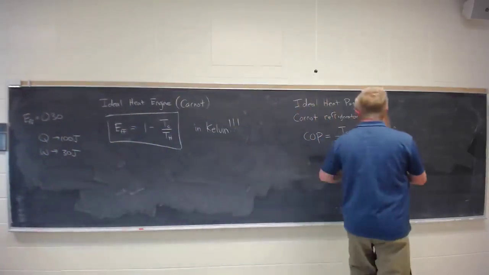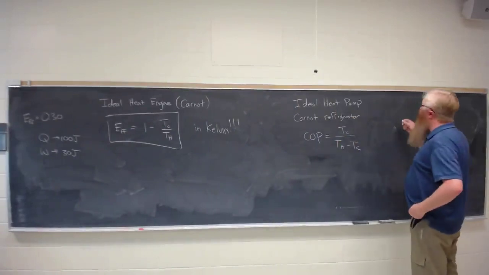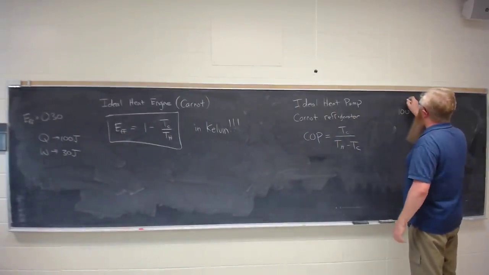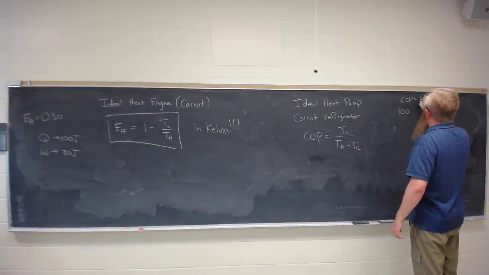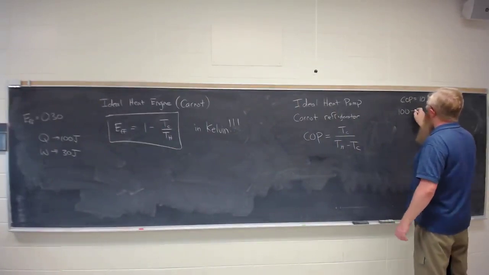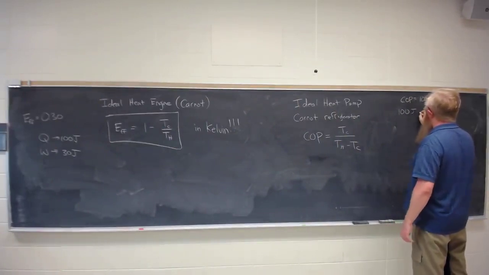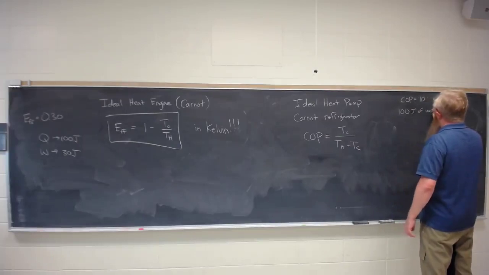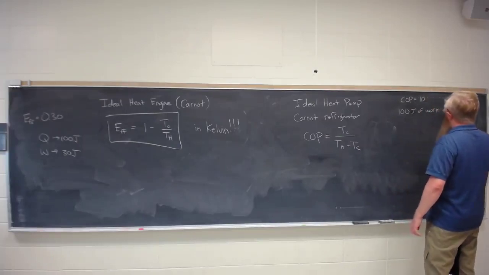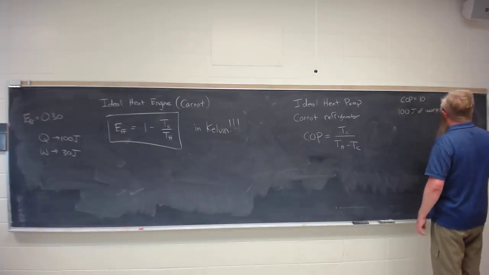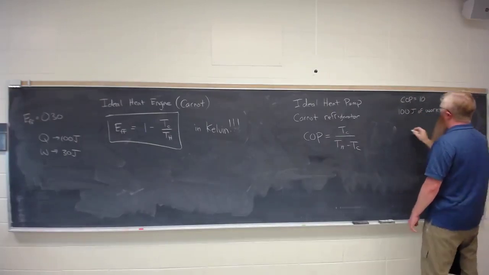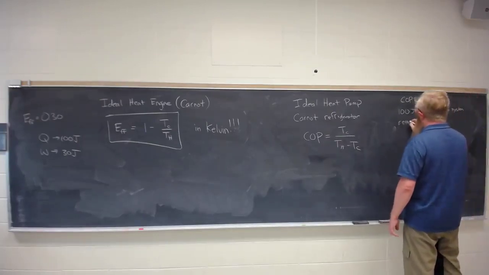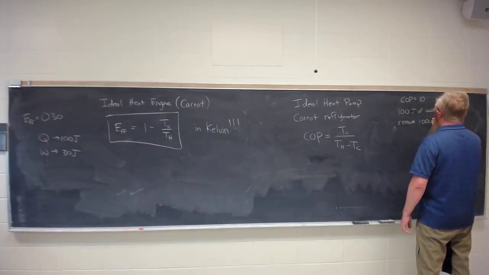So basically, a coefficient of performance says that, let's say you have a coefficient of performance of 10. That means if you put in 100 joules of work into the system, you can remove 1,000 joules of energy.